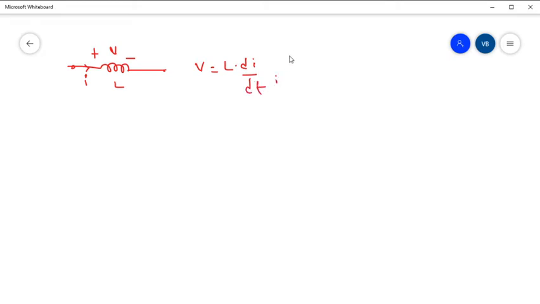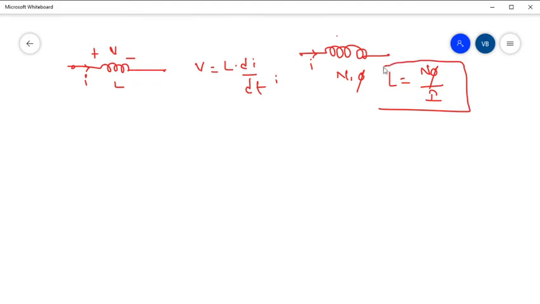Or else we can write, for a coil, in terms of the number of turns N and flux phi, with current I passing through the network, the inductance L as N phi by I. So these are the two important formulae in order to derive the electrical coupling or magnetic coupling.